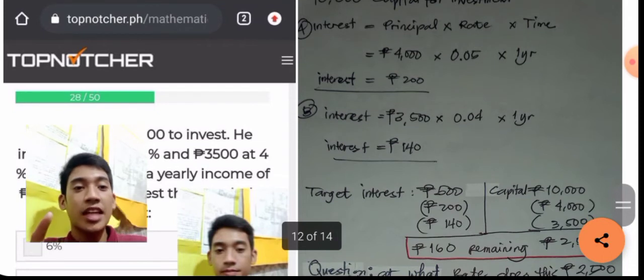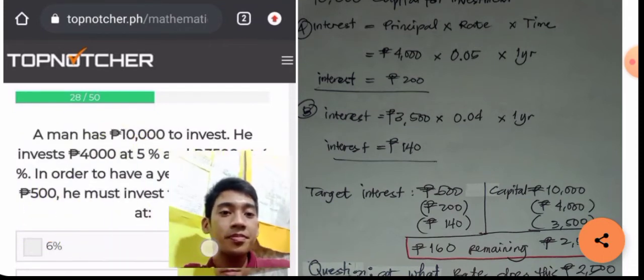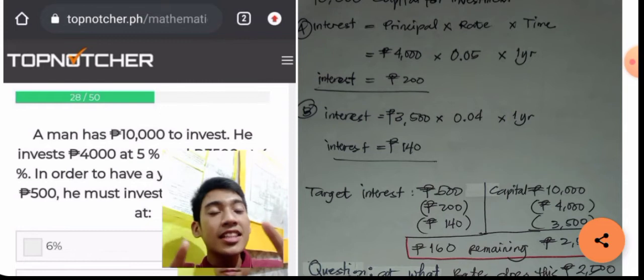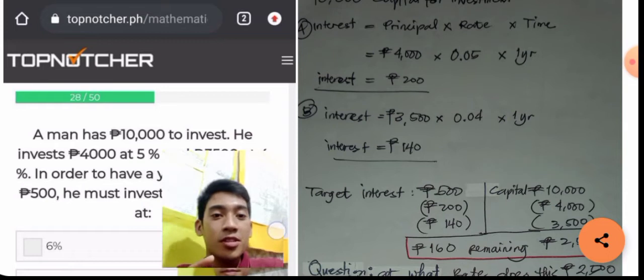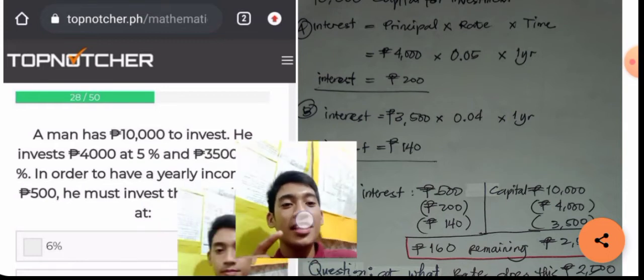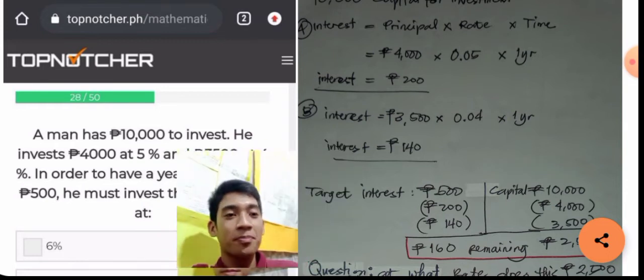Now, so the 10,000 capital investment, the formula is interest equals principal times the rate, that's the percent, times the year. So the year here is only 1 year, because in order to have a yearly income, so for 1 year only. So what's the interest earned from 4,000 at 5%?